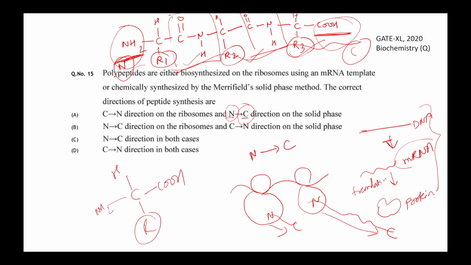Out of the four options, this one is C to N direction in both cases, so it won't be correct, because for the ribosome machinery we are seeing N to C. This N to C is correct, but for the other case we don't know; N to C could also be correct. And the option where C to N direction is given for the ribosome is incorrect. So out of four options, you are left with two options, and for sure for the ribosome the synthesis takes place from N to C direction.